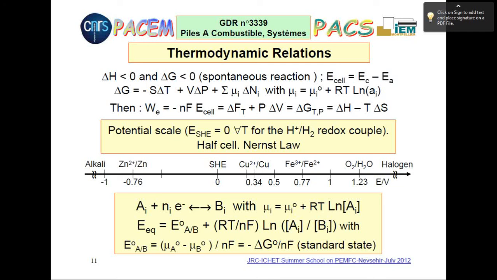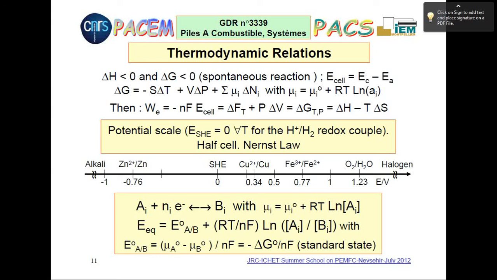And with this relation, you can define the potential scale and the Nernst law for a half cell, that means for one electrode. By definition, the reaction between proton and electron giving hydrogen has a standard reversible potential, the standard hydrogen electrode, and you take that as zero, which is arbitrary.